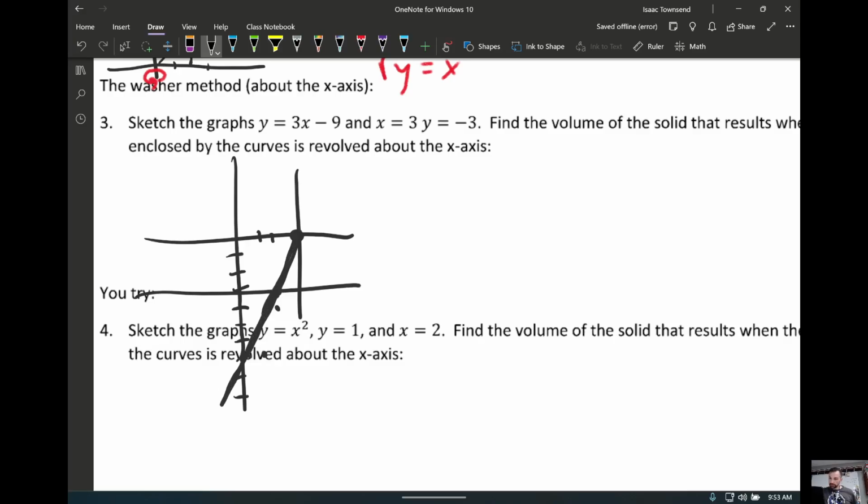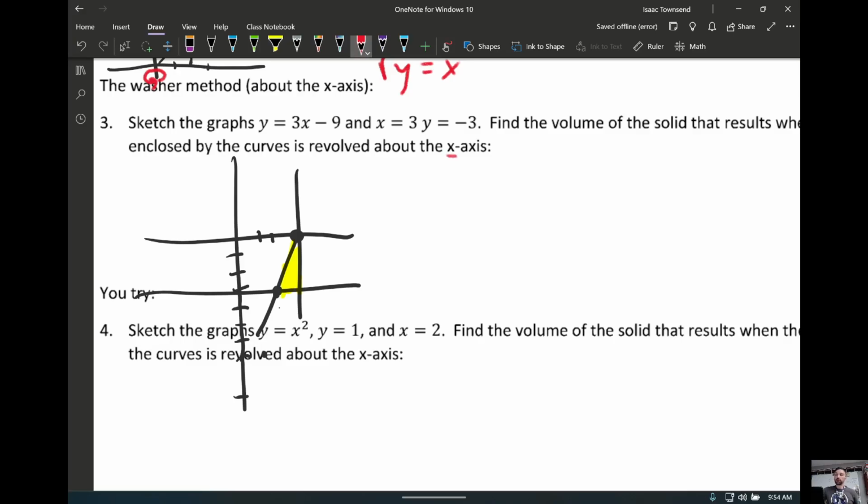Something like this. Not a great picture, but I really only need this anyway, so I'm going to erase this stuff, make it a little easier to see. You've got to graph those lines so you can see the trapped area. If the area is not trapped between those equations, you didn't graph one of those equations correctly.